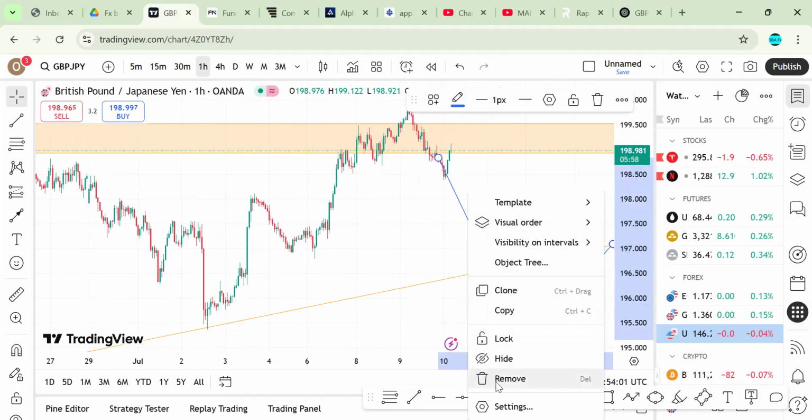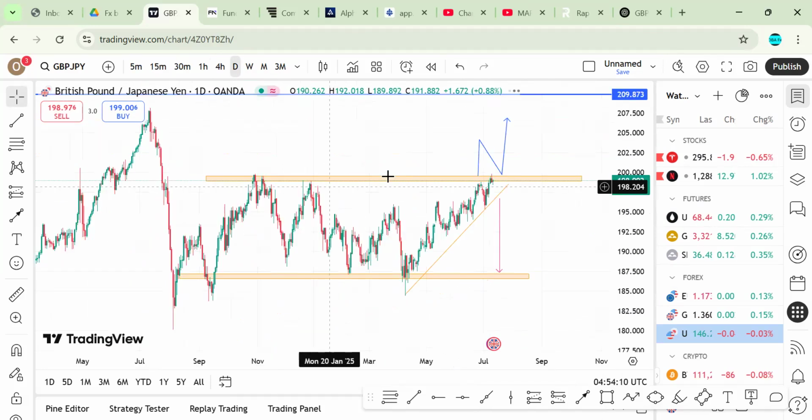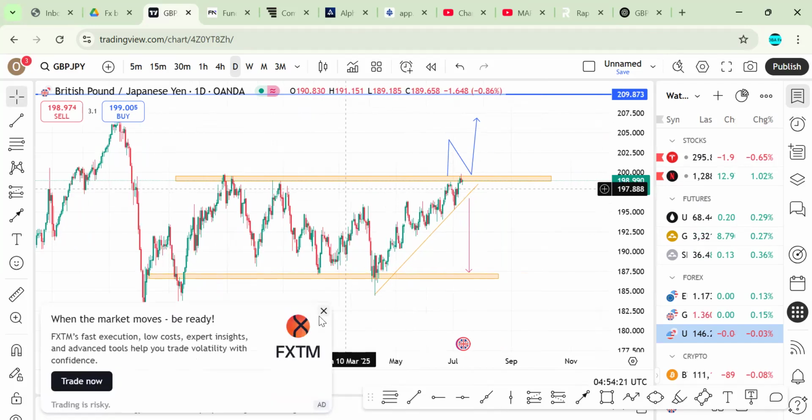So this is my outlook, and just to summarize, GBPJPY is currently in a ranging market, and in the range, price has just got into the resistance zone, which has held for about 12 months now, and that's a very long time, which makes it a very, very strong zone.